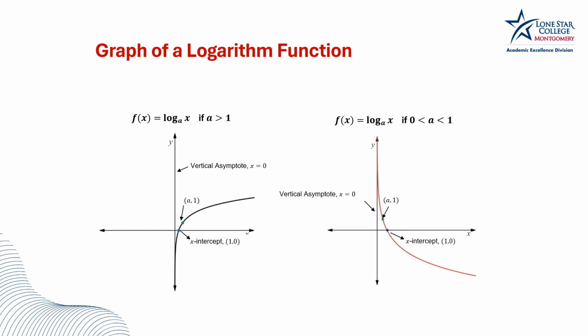Now, the graph on the right is the same, f of x equals log base a of x, but this time our a is between 0 and 1. So this time it's coming from above and it's going down to the right, but it still has a vertical asymptote at x equals 0 and an x-intercept of (1, 0). Now, notice how these two graphs are actually inverses of the exponential graphs that we discussed earlier.